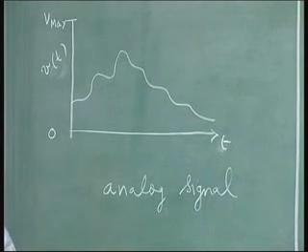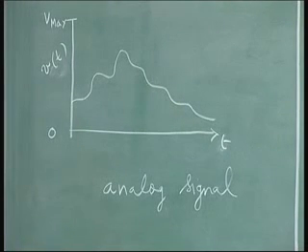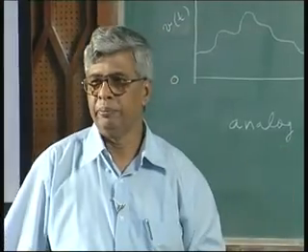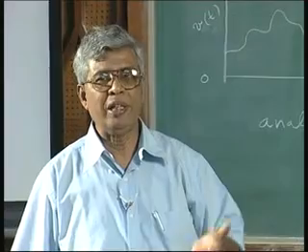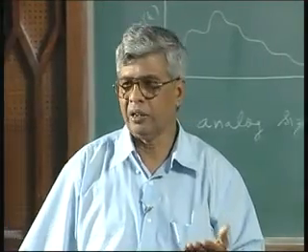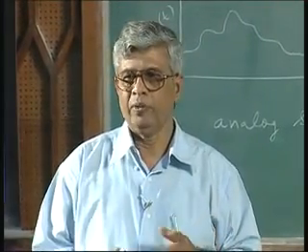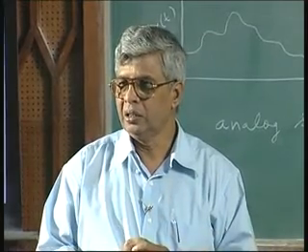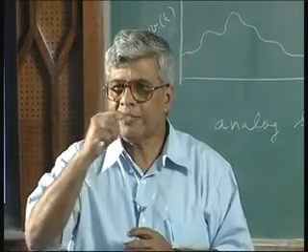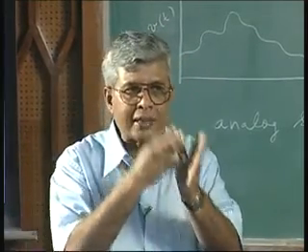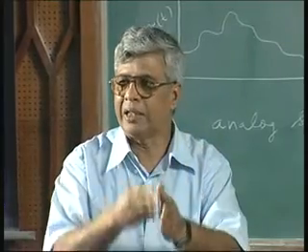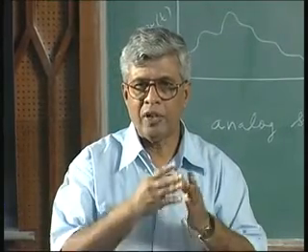On the other hand, I may want to process a signal only at discrete instants of time. Suppose I want to monitor the temperature of a system every minute or every hour or every 30 minutes, whatever. You discretize the time at which you look at the value of the signal. The signal will vary continuously all the time, but you are looking only at discrete instances of time, at definite instants of time.